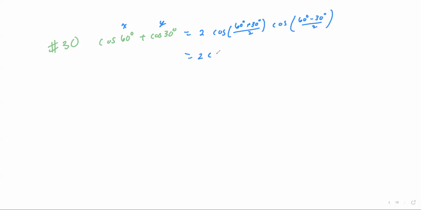So a little bit easier problem. This is going to be cosine 60 plus 30 is 90. 90 divided by 2 is 45 degrees. 60 minus 30 is 30 divided by 2 gives me 15 degrees. And again, we do not have to simplify it. We just had to rewrite it so we can leave it like that. Let's do a couple more.